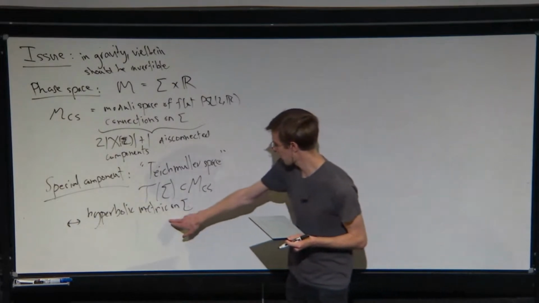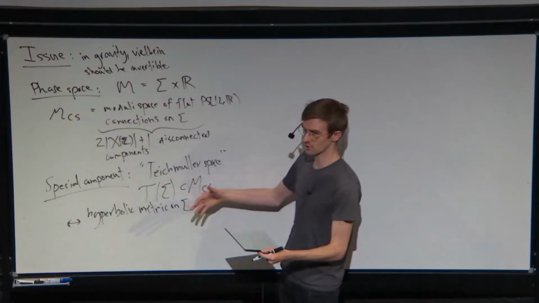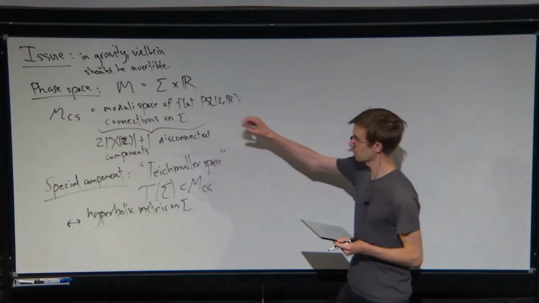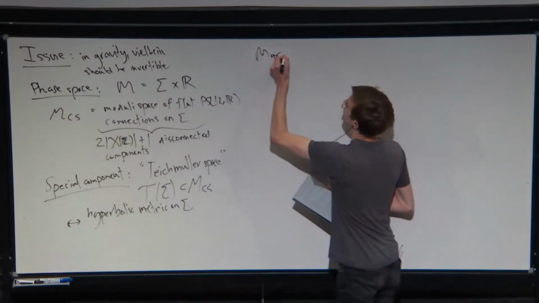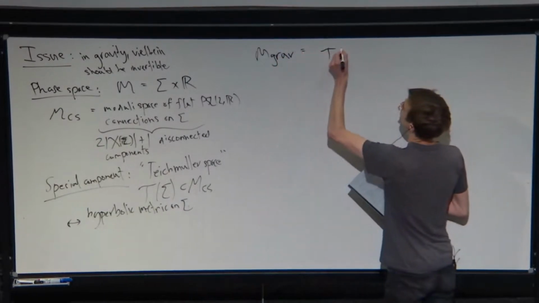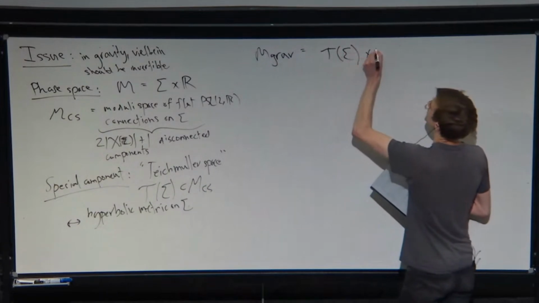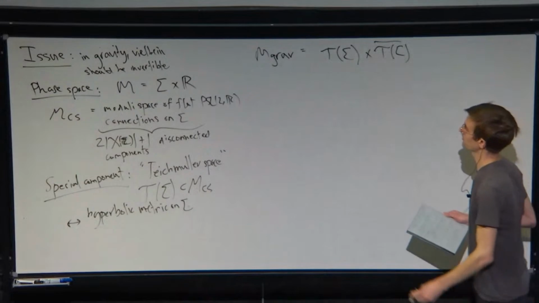So you have some hyperbolic metric on sigma, but for gauge field configurations in this component, you can uplift those to smooth 3D metrics on the full manifold M. So the upshot is that the gravitational phase space, let me call that M grav, is just given by 2 copies of this Teichmuller space, T of sigma times T of sigma bar.